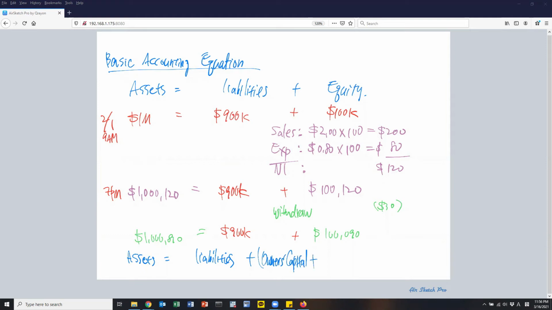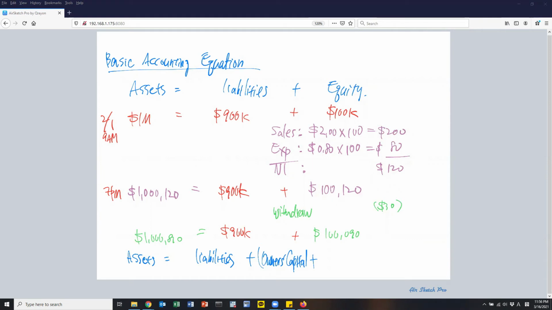And then to the $100,000, I added the sales, which is 200, and then subtracted expense, which is 80. So my ending result was $100,000 plus 120, which is $100,120, the same as $100,000 plus 200 minus 80.